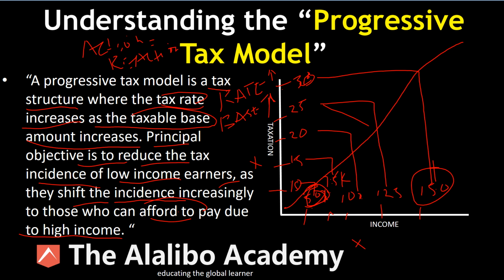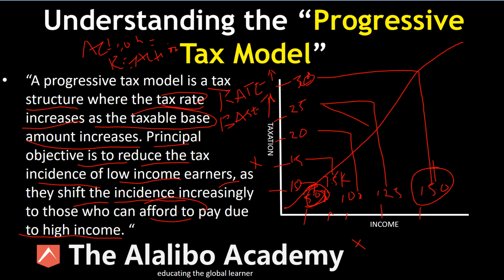But others say, wait a minute, they're making all that money because of the support of those that are earning lower income. And without those that are earning lower income, they would not be able to make the higher income. So there are arguments on both sides. But this is a progressive tax model that is practiced in some Western countries.